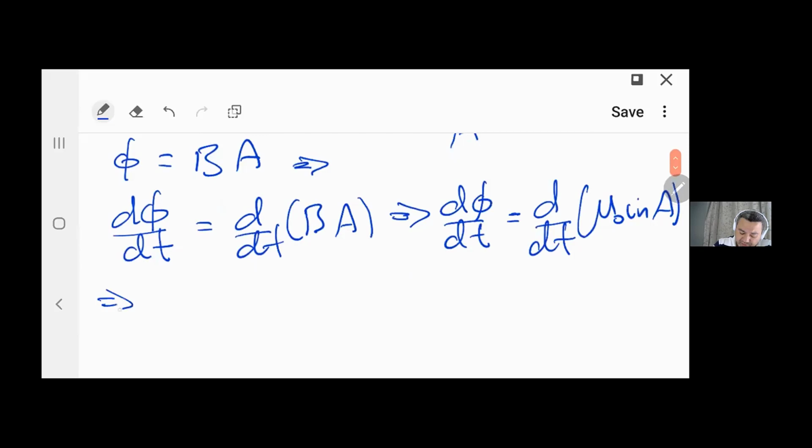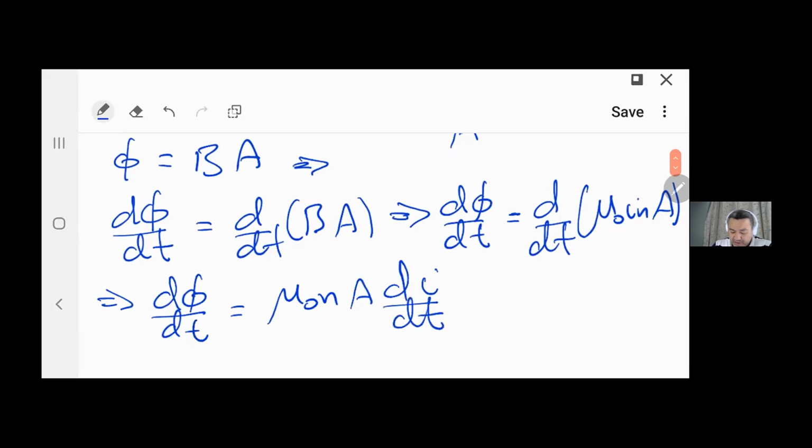So if I take the mu naught n A outside, I end up with mu naught n A di over dt. But what is mu naught n A?